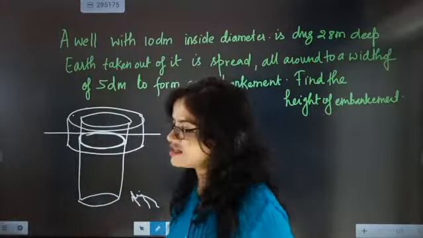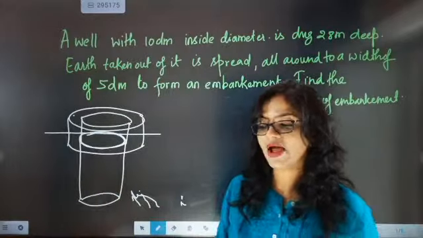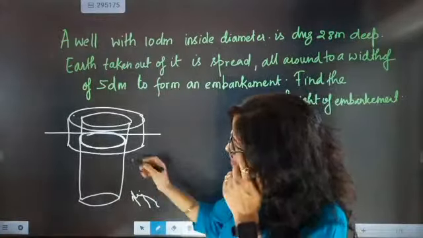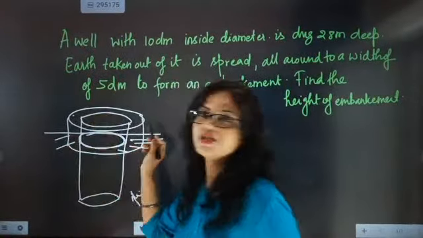So this is exactly the embankment. So you are making an embankment around it. Now this will be the level of the soil and this is the embankment.